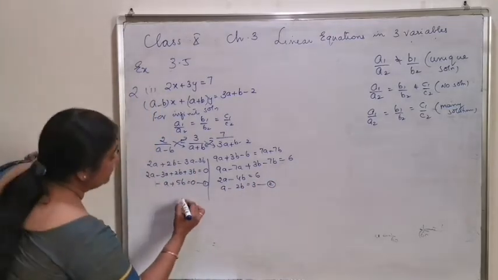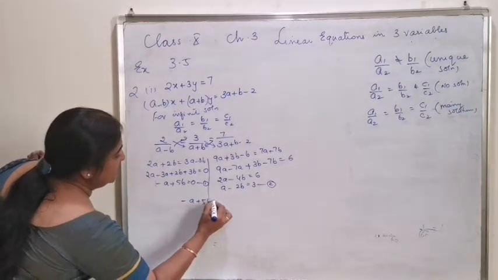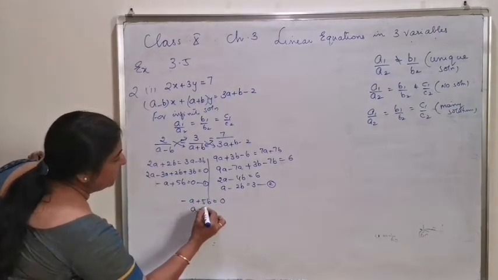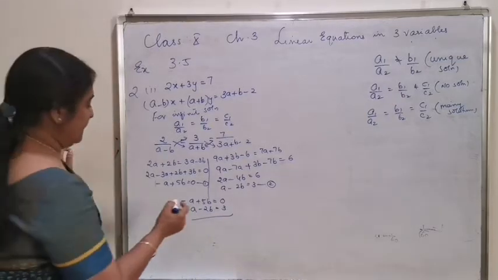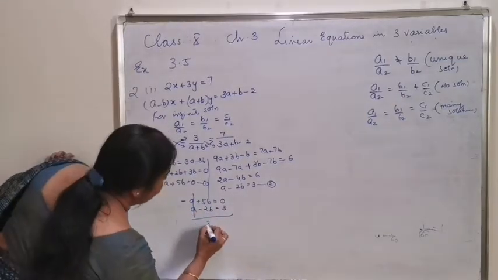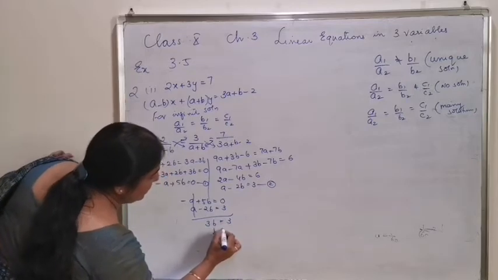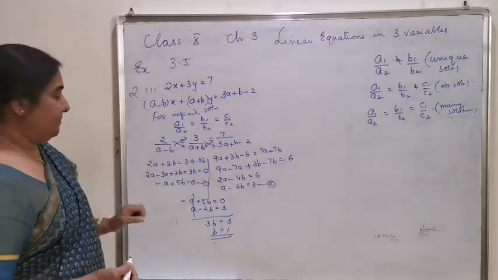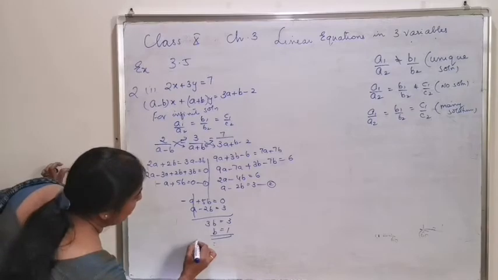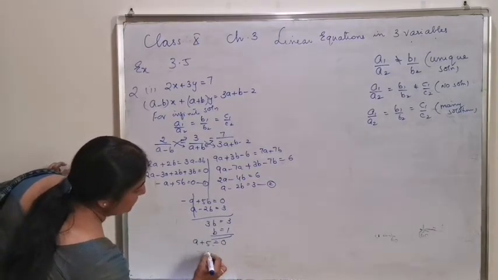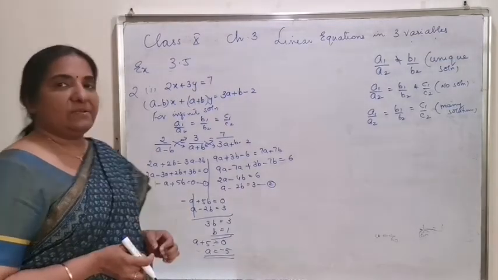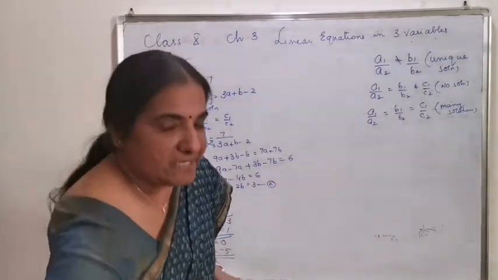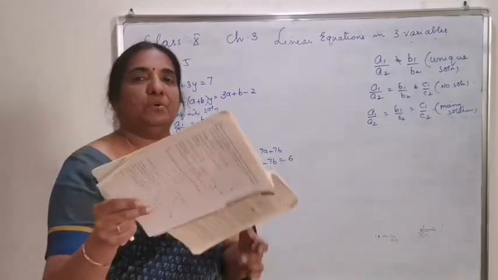By solving minus a plus 5b is equal to 0, a minus 2b is equal to 3. Already they are of unlike sign. By adding, 3b is equal to 3, or b is equal to 1. Substituting, minus a plus 5 is equal to 0, or a value is 5. Thus the values are a is equal to 5 and b is equal to 1.